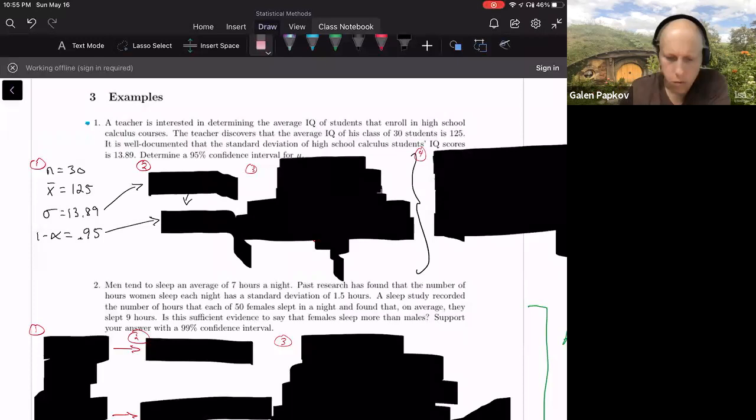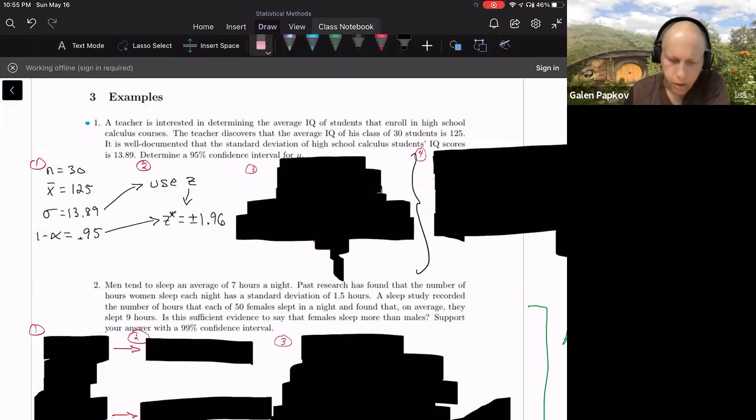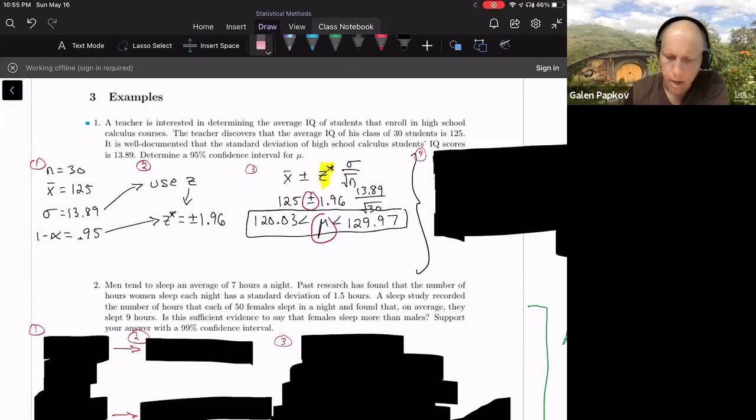Because sigma is known, you're going to be using Z, and then use the Z table in order to find the appropriate critical values, which for a 95% confidence interval, we actually did in one of the recent videos. And so that was plus or minus 1.96.